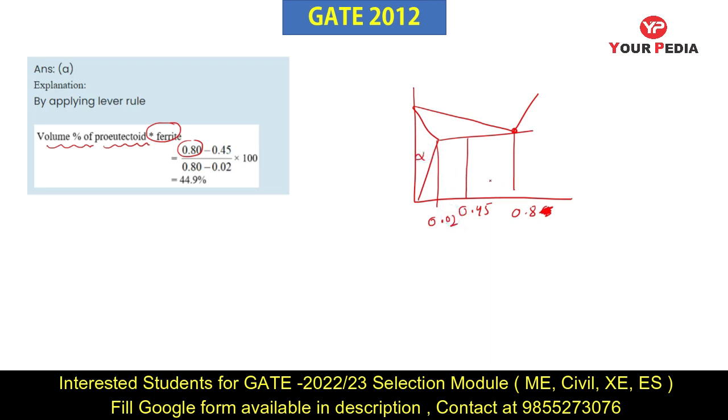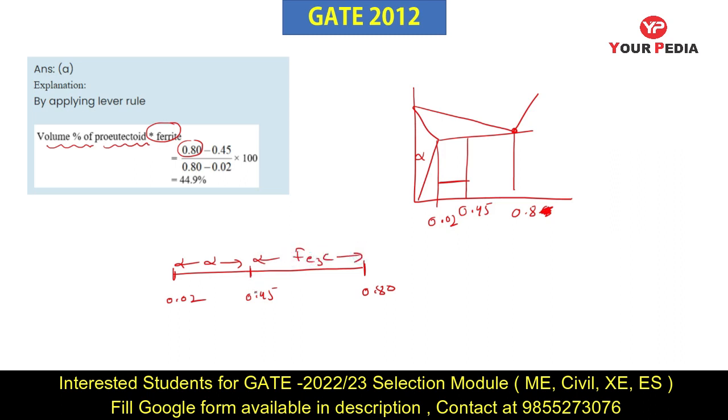So I can apply the lever rule in this. If I want to calculate the alpha, as this is the alpha region, if I make the line, this point is 0.45, this point is 0.02, and this point is 0.80. This region is the alpha dominating region, and this is the iron carbide dominating region.